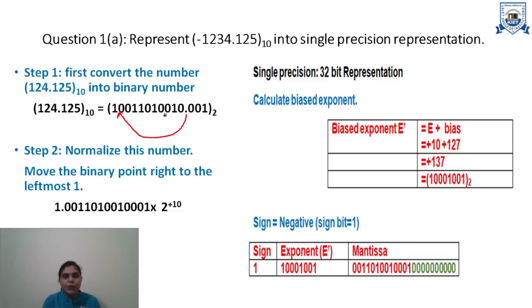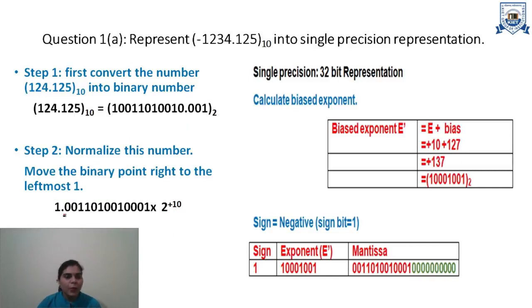Whenever we move the binary point to the right, the negative power will increase. The normalized number is this. We have moved the binary point by 10 positions, so we will write it as 1.001101000100001 times 2 to the power plus 10.